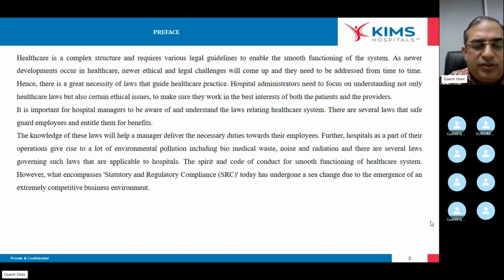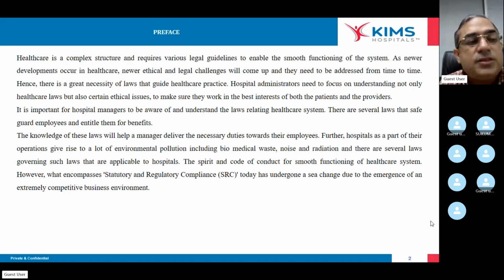So if you read this preface, healthcare is a complex structure and requires various legal guidelines to enable smooth functioning of the system. In this preface, the author is also trying to emphasize the role of a healthcare or a hospital administrator. So please listen carefully.